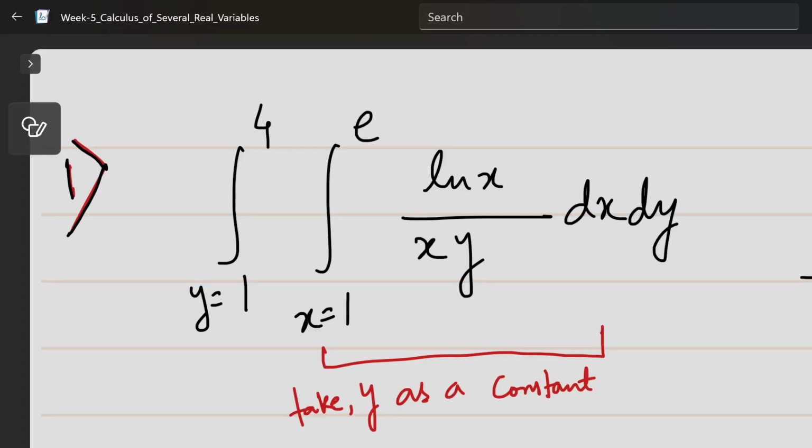So you have to change the strip, either horizontal strip or vertical strip. Since it is a rectangular region, changing the strip does not change the region. But suppose the region is something like y equal to x line, then it will change. That I will show you in some other problems.